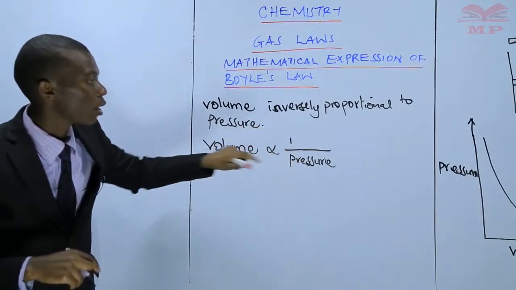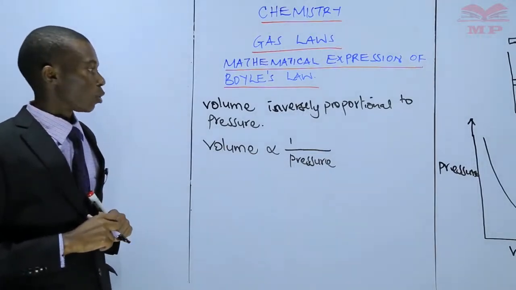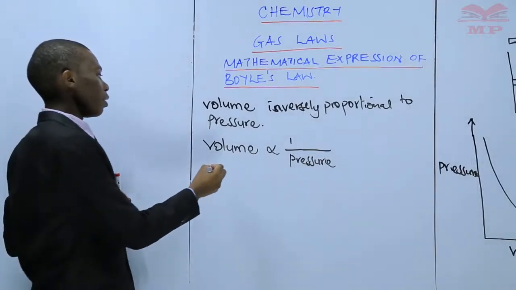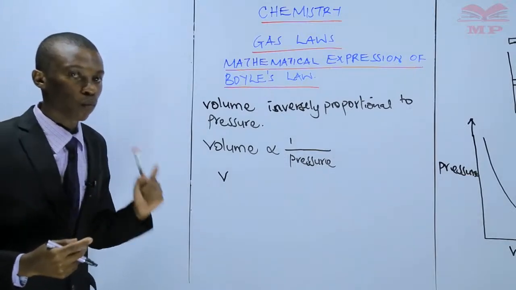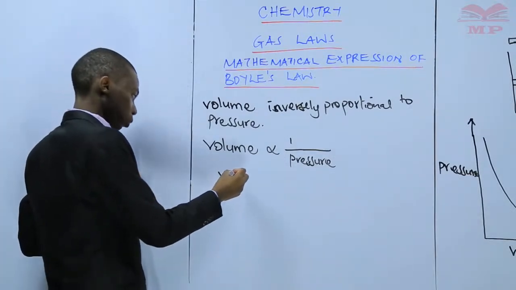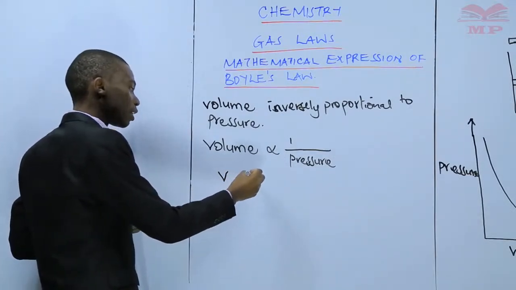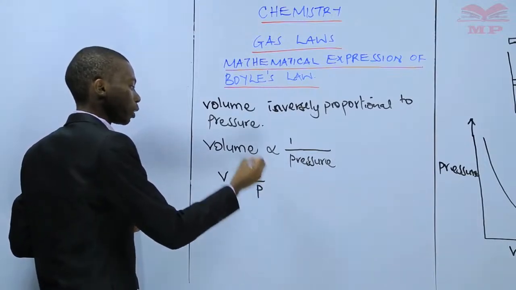This is just 1 over pressure, which can also be written as V, standing for volume, is inversely proportional to pressure.